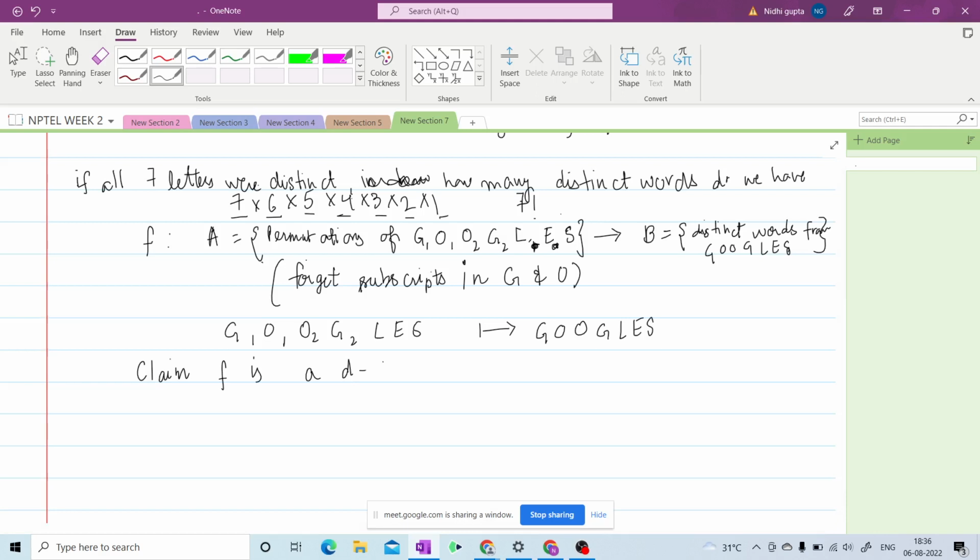That is, I can find a D. That is, in this function, every element in B has the same number of pre-images. So suppose my word is this only, goggle. How many pre-images do I have?